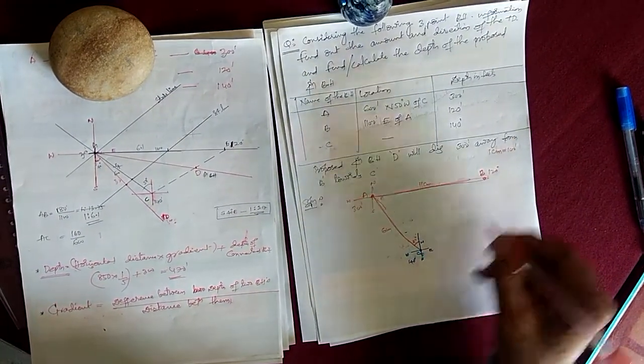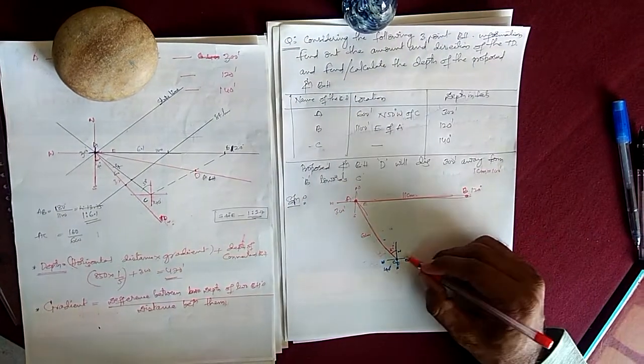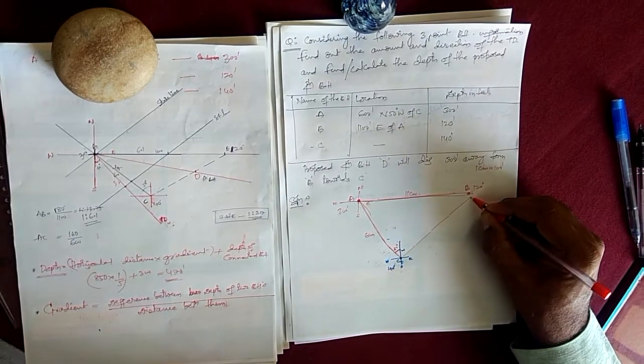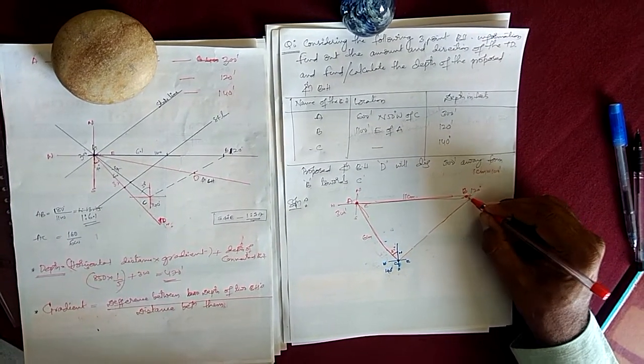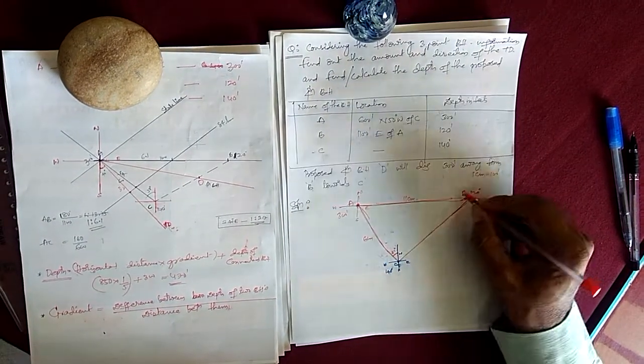Now here is C, here is B, here is A. What you are required to do is join C and B. So right now you have the 3 points, these are the 3 boreholes.